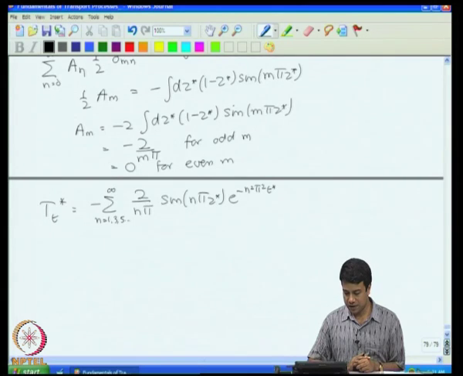You can see that it is equal to 0 at z equal to 0, it is equal to 0 at z equal to 1, and it is equal to 0 in the limit as t goes to infinity. Everything that was required of the transient part of the temperature field.